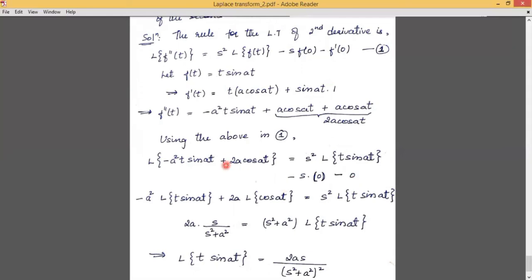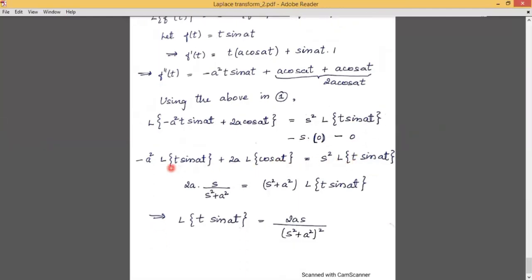So now you are left with, see I have just split these terms. Minus a square Laplace transform of t sin at plus 2a, here it is constant, I have taken that outside, and Laplace transform of cos at. That is equal to s square into Laplace transform of t sin at. So these two terms are 0.